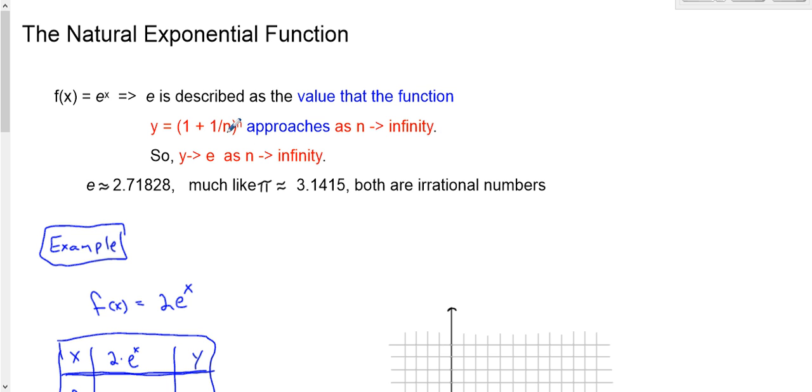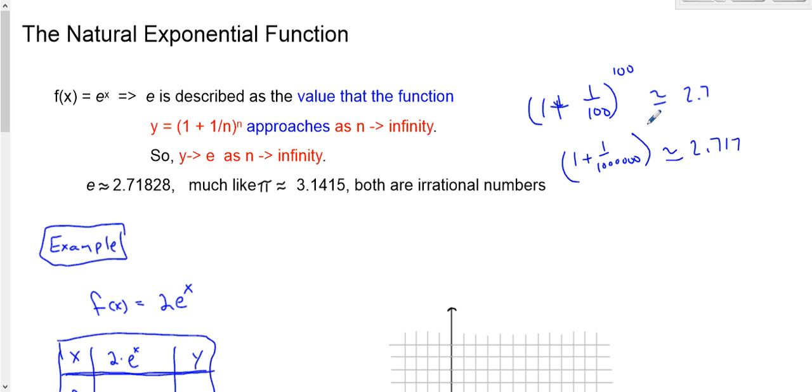So if we were to calculate 1 plus 1 over 100 to the 100th, that's going to give us some answer somewhere around 2.7. And if we do 1 plus 1 over a million, that's going to give us an answer closer to 2.717.